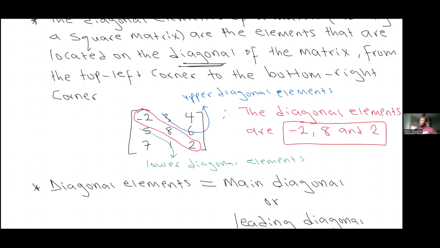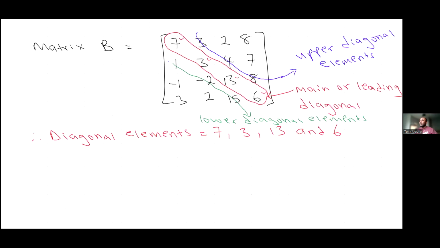So we can then move on to this. In this example, the upper diagonal elements will be equal to 3, 4, and 8.